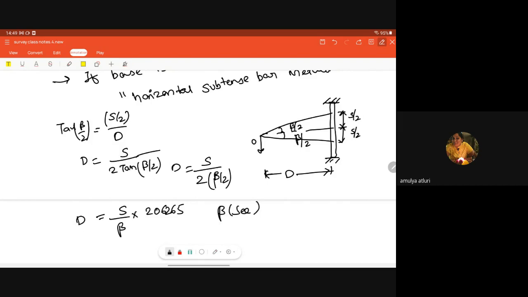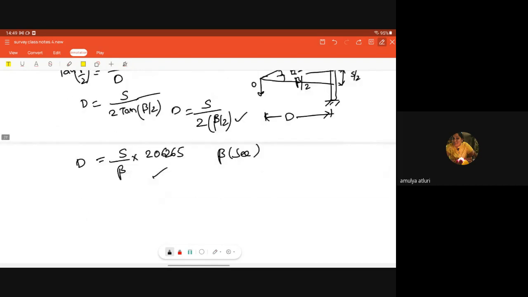If beta is given in seconds, this is your formula, and this is the formula if beta is given in degrees. It is used for the measurement of distances and elevations on sloping grounds, and it is accurate for long sides also.